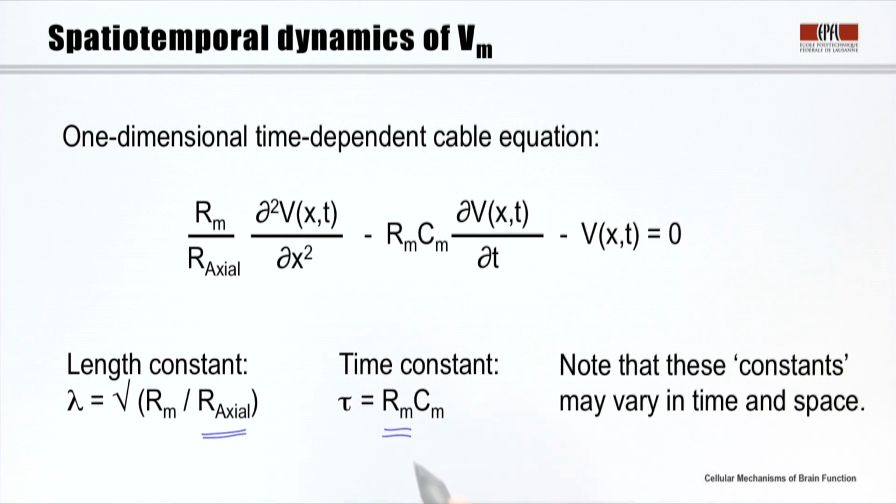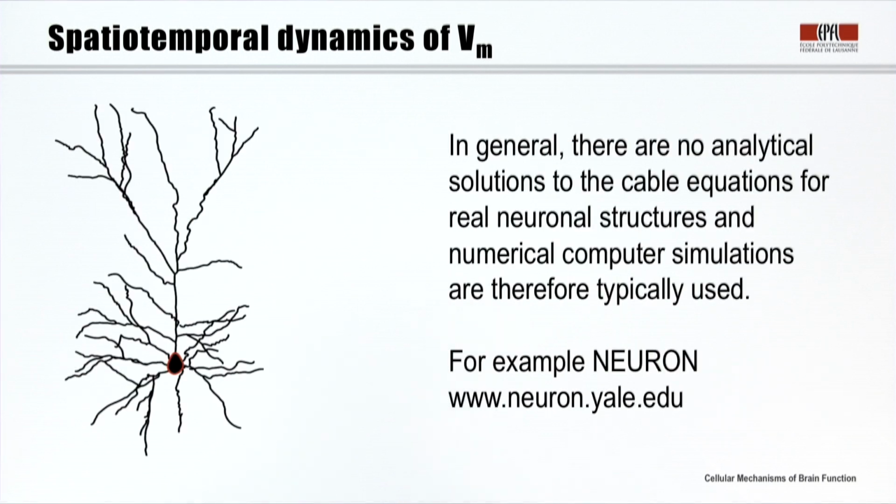And so the membrane time constants are not constant across the neuronal arborization in space or time, leading to a great deal of complexity. In general, it's fair to say that there are no analytical solutions to the cable equation for real neuronal structures, and therefore numerical computer simulations are typically used.